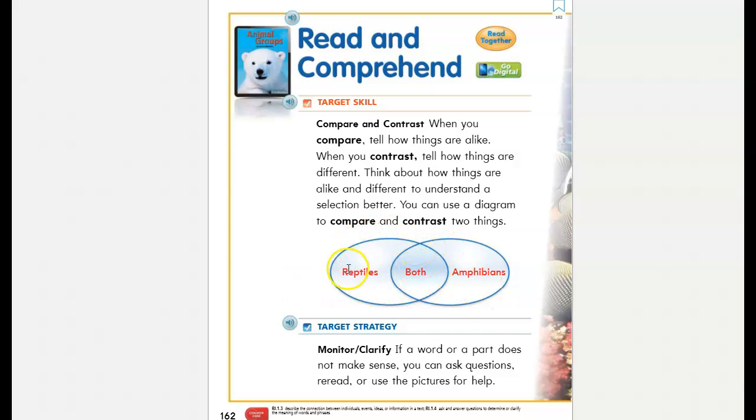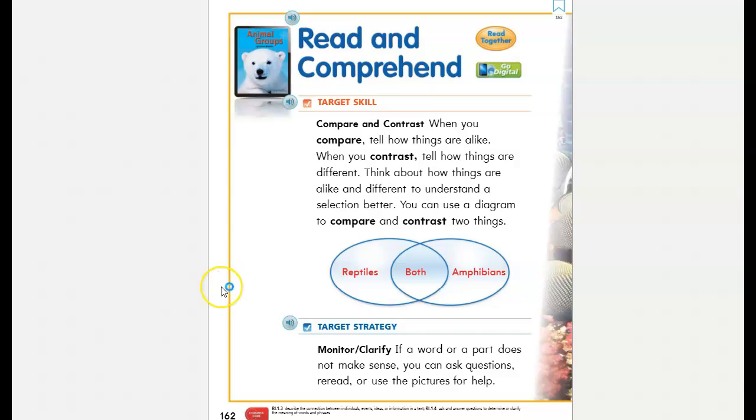You see how it is two circles put together that overlap in the middle. It says reptiles, both, amphibians. So in this circle, you would write about reptiles. In this circle, you would write about amphibians. And in the middle, you would write about things that both of them have in common.